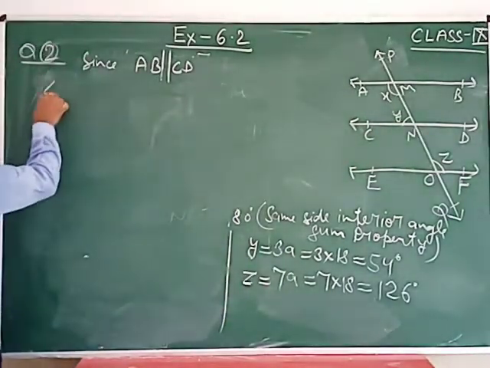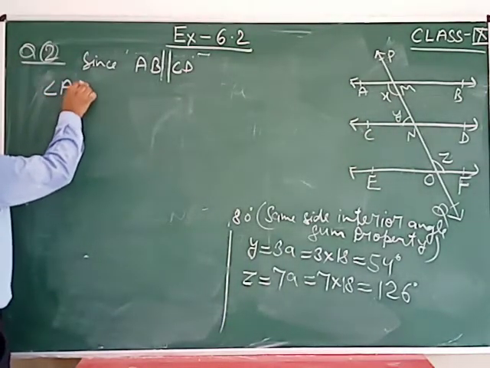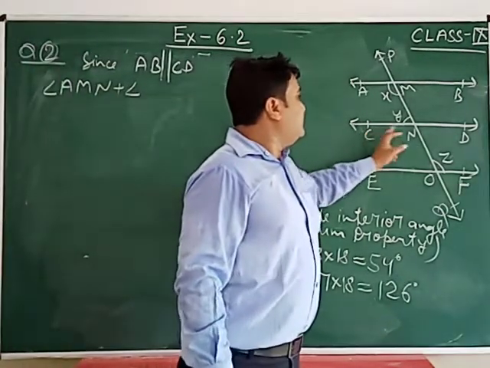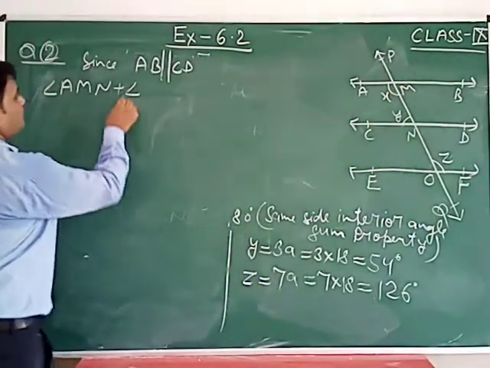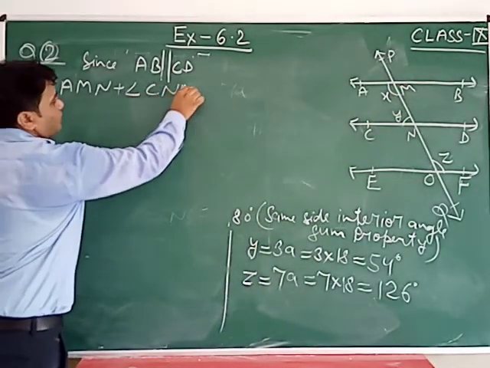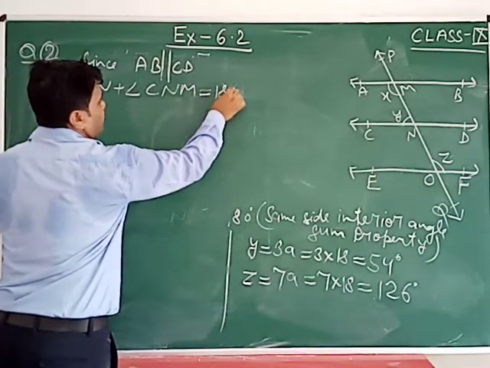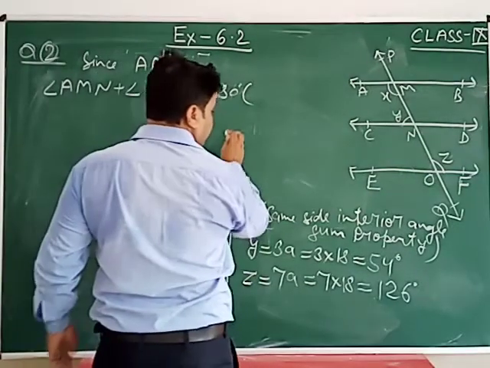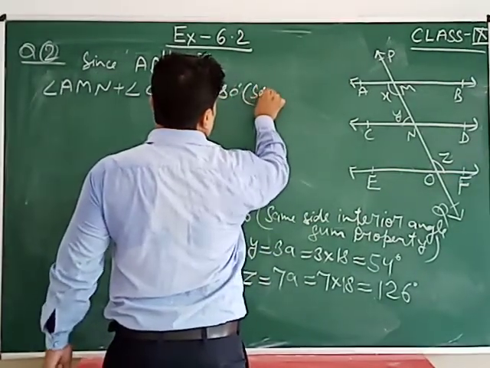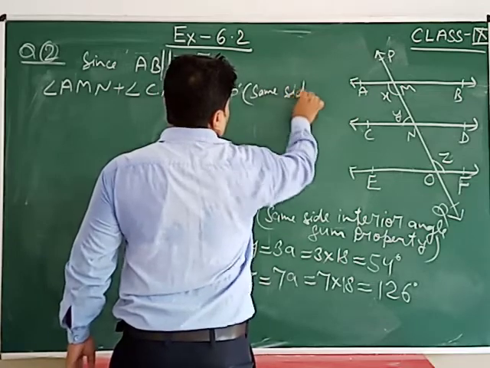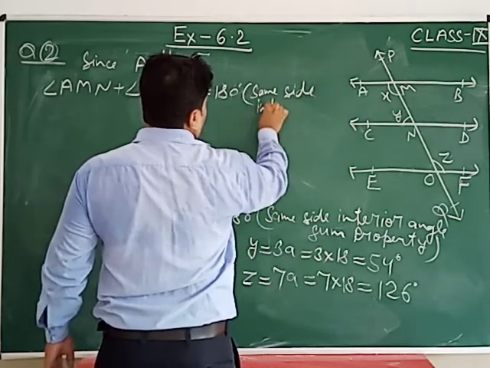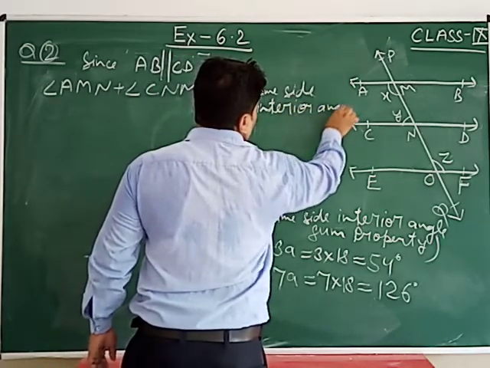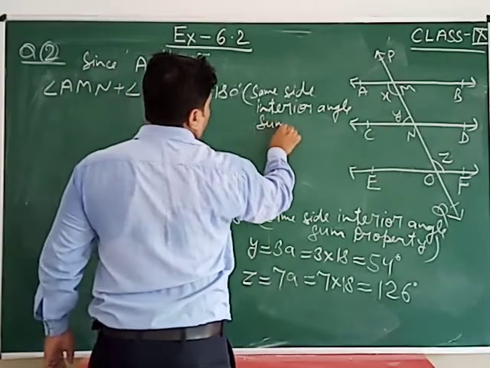So angle AMN plus angle CNM equals 180 degrees. Same side interior angle sum property.